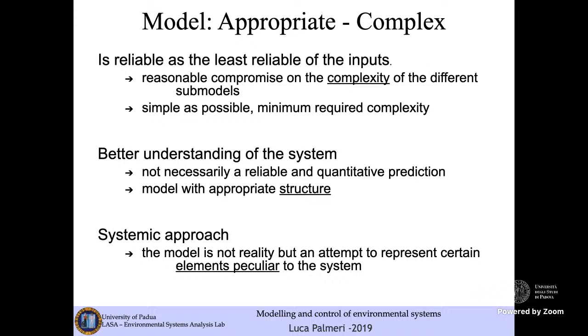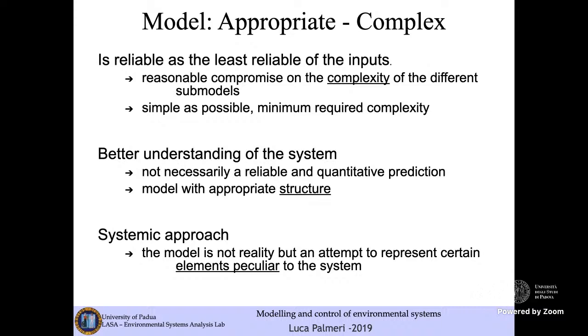The appropriate model is as reliable as the least reliable of the inputs. So please take into account the fact that your uncertainty on the inputs of your model will be propagated to the output of the model.